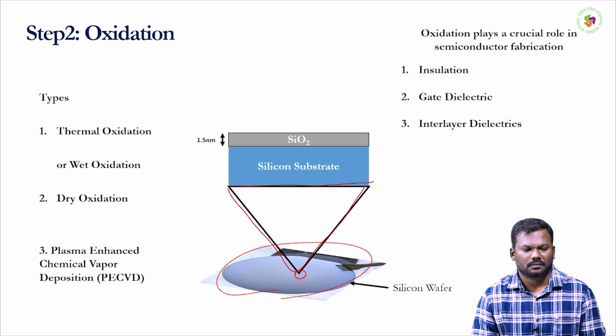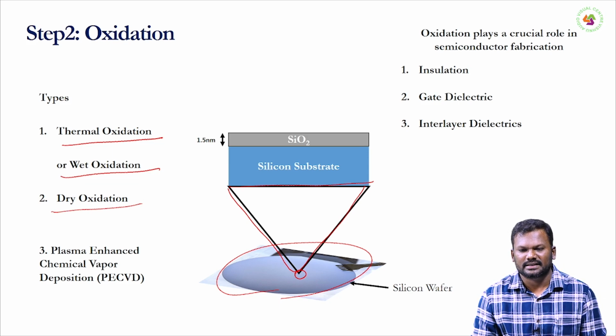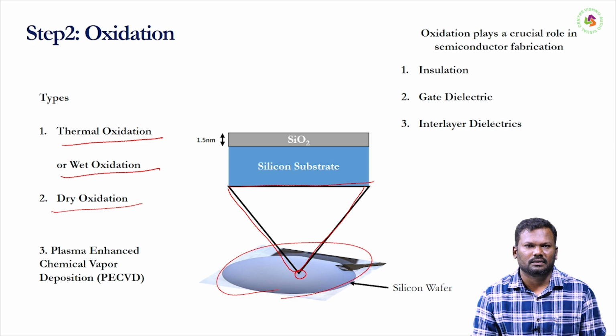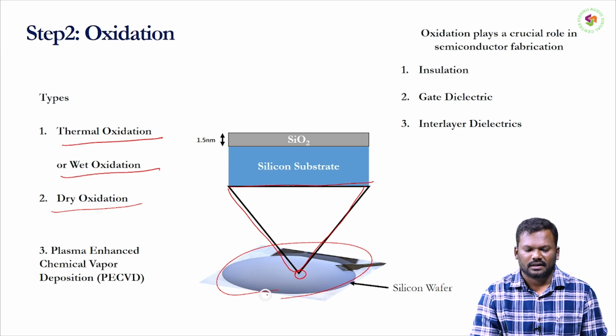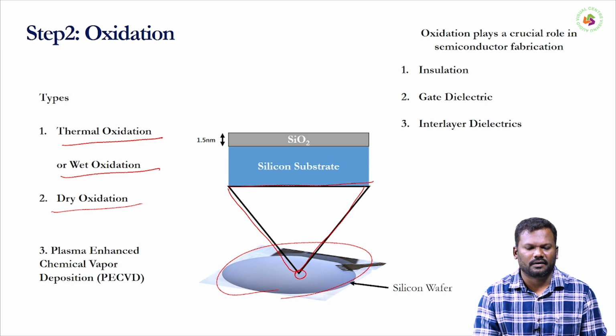We can do it in two methods. One is the thermal oxidation method, or we call it wet oxidation, and another one is the dry oxidation method. Basically you need to send water molecules onto the surface of the silicon substrate. The water molecules will react with the surface of the silicon and form silicon dioxide.